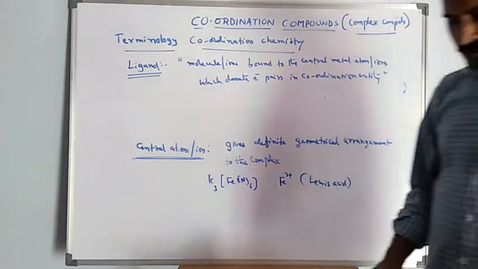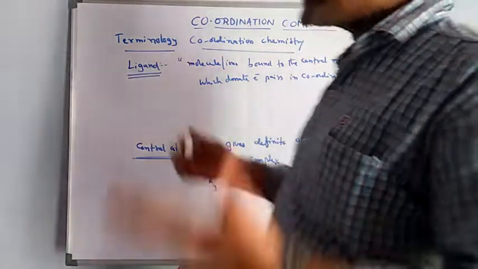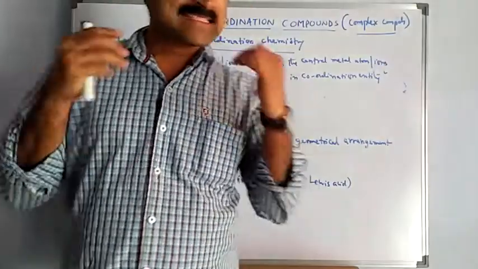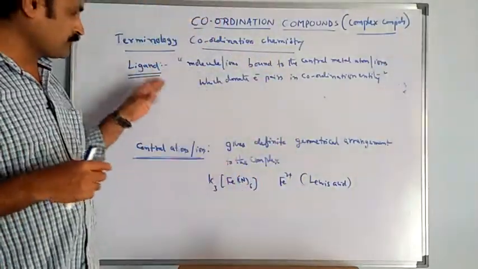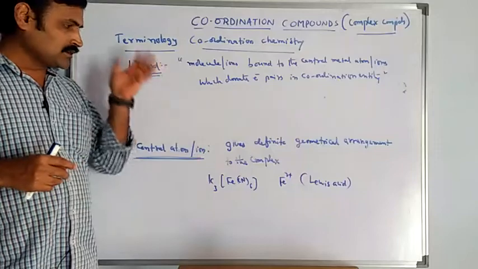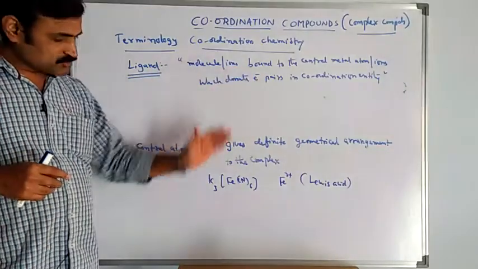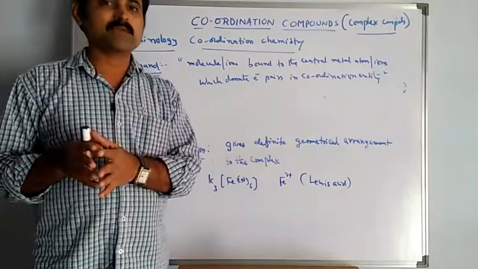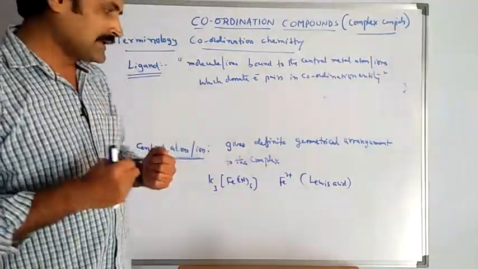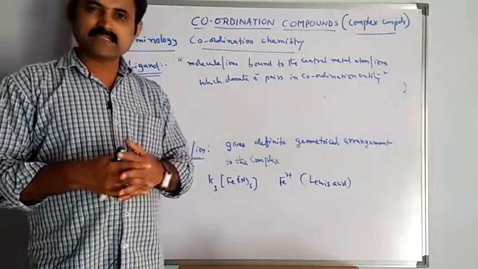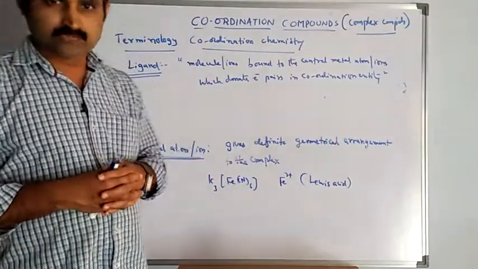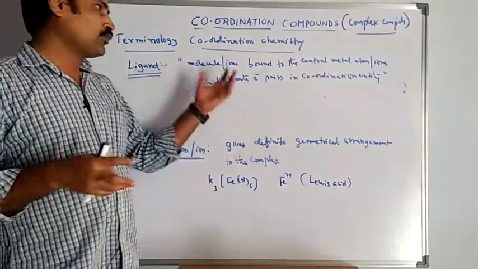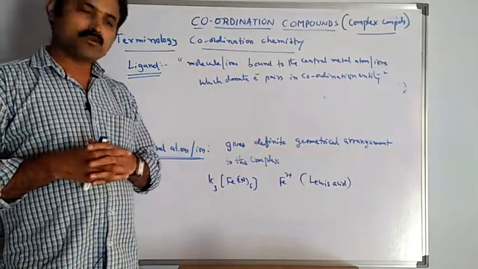You can ask, what is the reason, what is the necessity for ligands to donate electron pairs to the central metal atom? Because central metal atoms are unstable and they want electron pairs to reach the next nearest noble gas electronic configuration to make the coordination complex more and more stable.